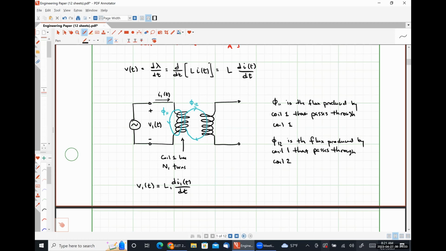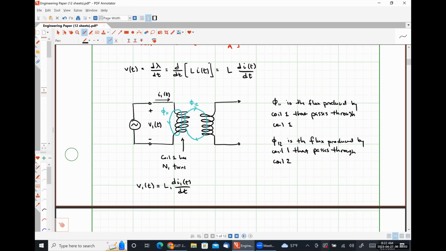So if we have two coils in close proximity to each other, and one of them is carrying a time varying current, what we are going to see is that a time varying voltage will be induced in the second coil, okay? So these two systems are what we call magnetically coupled, okay?